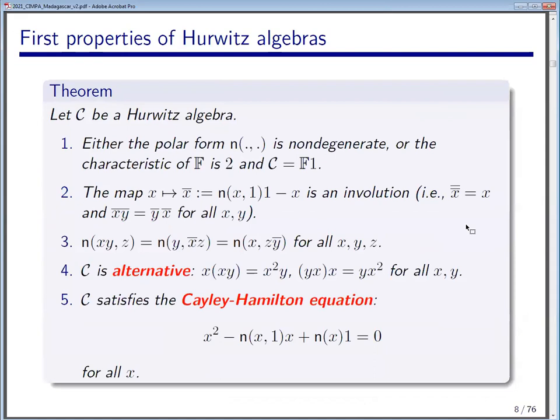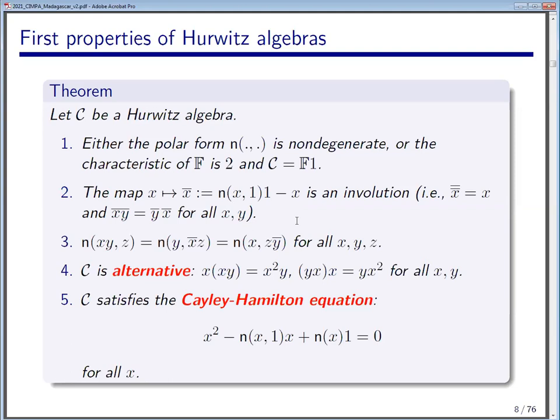So all these unital composition algebras have an involution, x bar, which is obtained just by reflection with respect to the unity. So if x is orthogonal to the unity, then x bar is just minus x. Otherwise, you have to add this term. This is an involution.